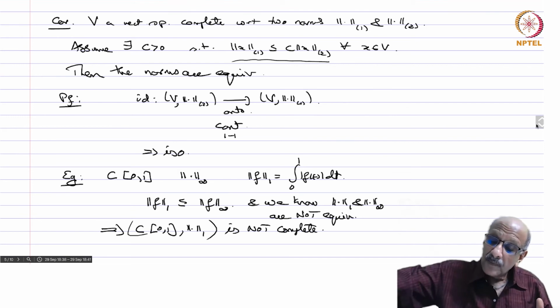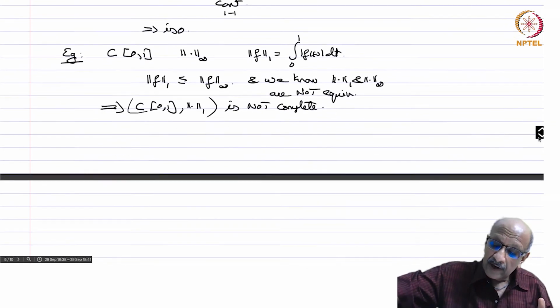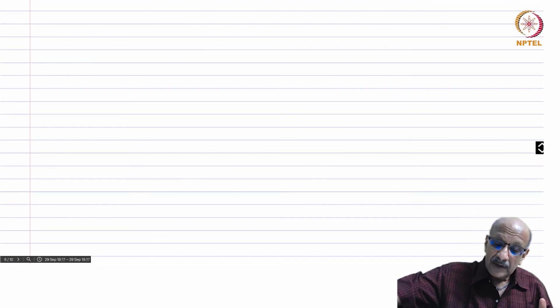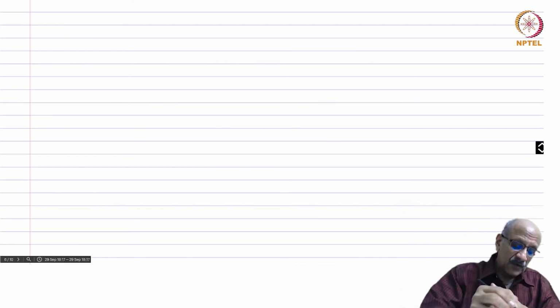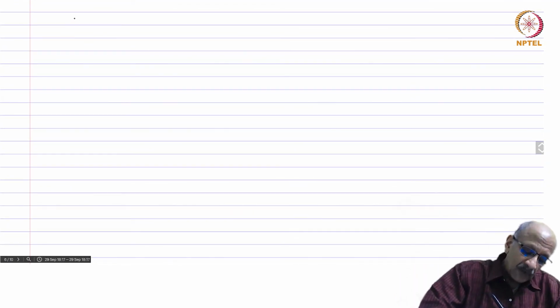Okay, so now we are ready to move to the next theorem, namely the closed graph theorem. So let us first define the graph. T from V to W is a mapping.